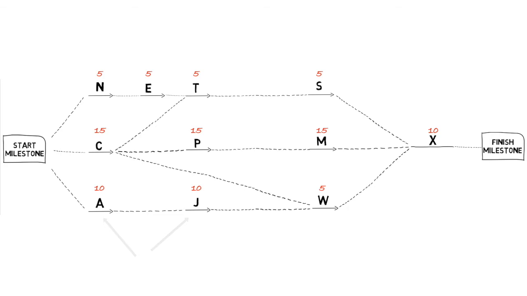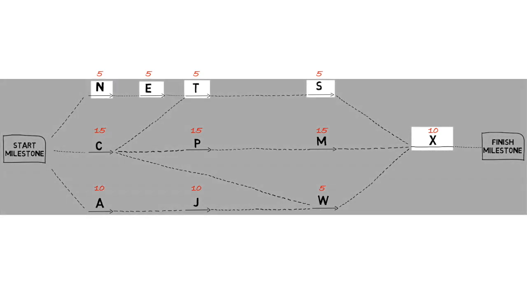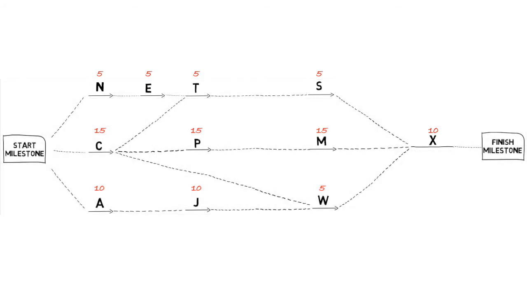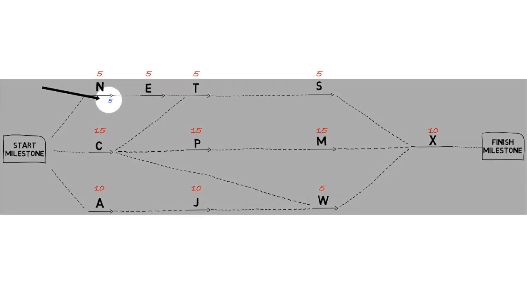Our next order of business is to calculate the total time needed for this project, being mindful of the logic in our diagram. Let's go ahead and start at N and follow its path towards X and add the durations along its path. Below the letters, I'm going to add the accumulated totals. Notice that I've placed the number at the end of the arrow and not at the center or start.